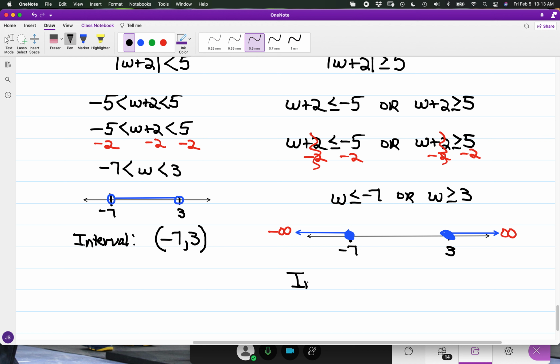And for what we have in the case of the interval solution, at the lower end, we have going from negative infinity, approaching and including negative 7. And the negative 7 is going to be in the bracket. And then we'll have in union the other interval portion.